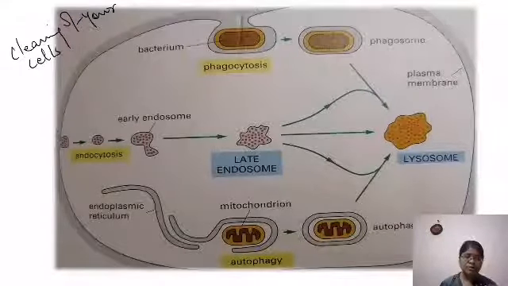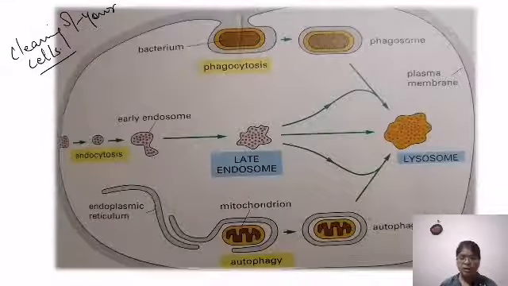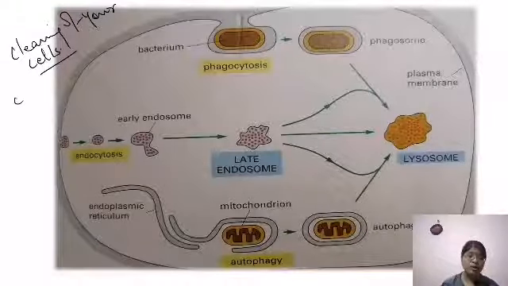As you can see in this diagram, what is happening? This is your lysosome. Now, like when some bacteria moves inside the cell, the lysosome is able to digest it. And remember one thing, this digestion is very highly controlled.